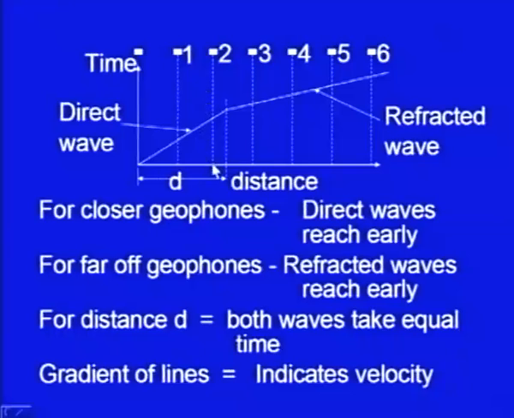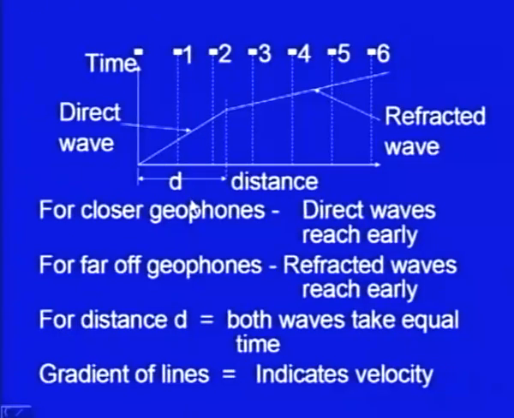When you plot times for different distances, you will get two different straight lines. These two straight lines meet at this point, which is at a distance d away from the source. Here is the source, and this is the point where these two lines meet.